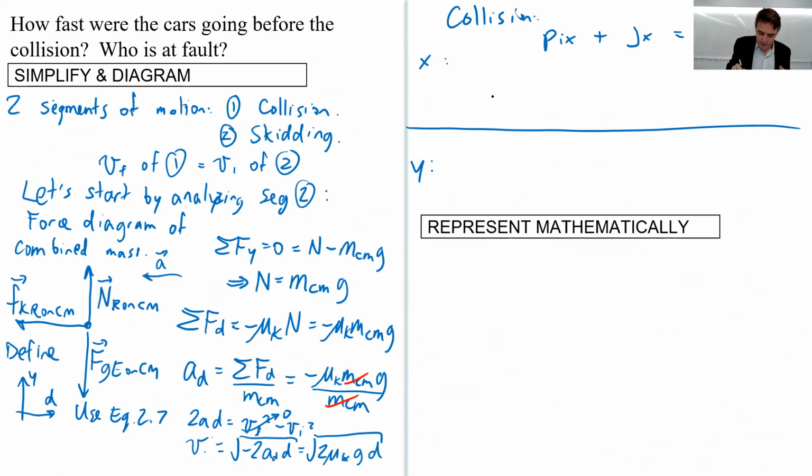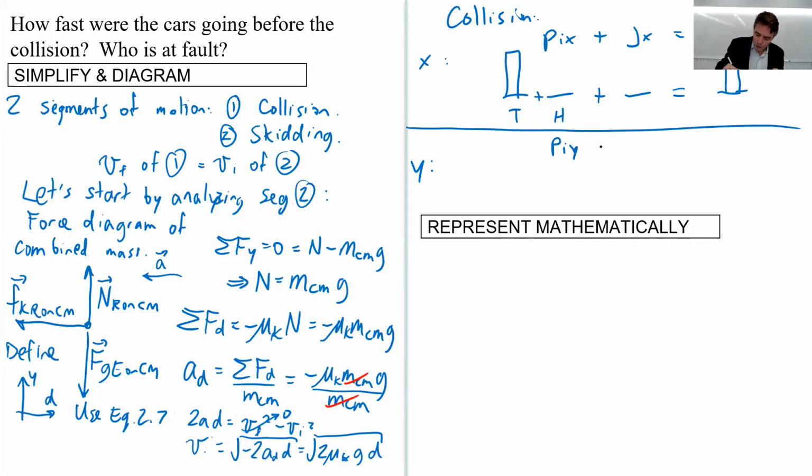If you want to draw that out with momentum bars, if this is the Toyota and this is the Hummer, the Toyota was going in the x direction, the Hummer was not. There's no external impulse, and the p final in the x direction is the combined mass, which is just the Toyota.